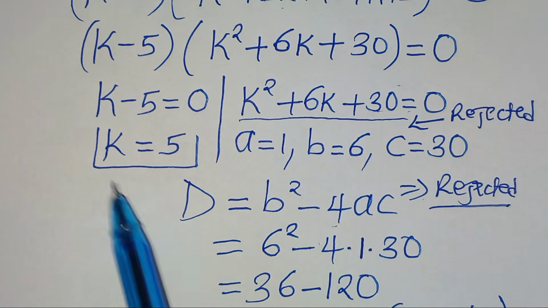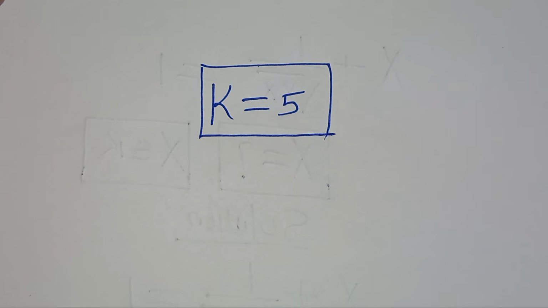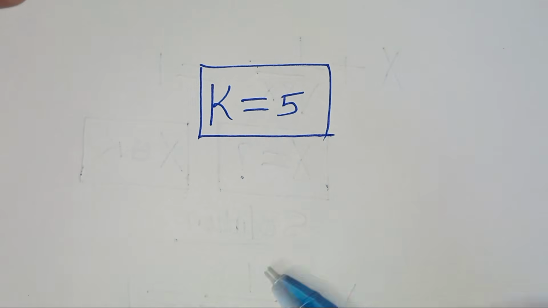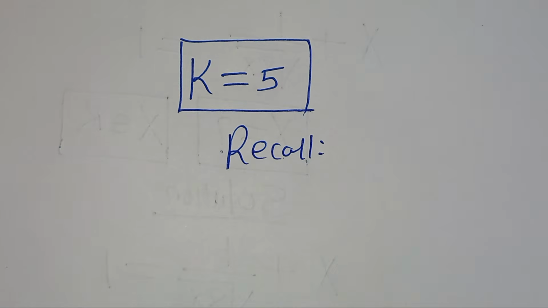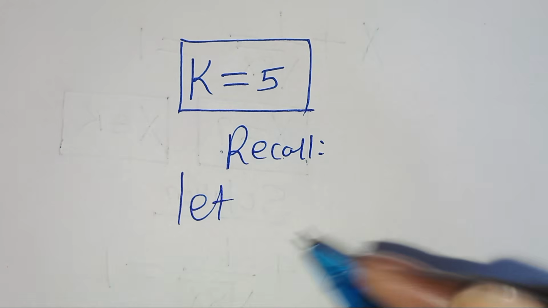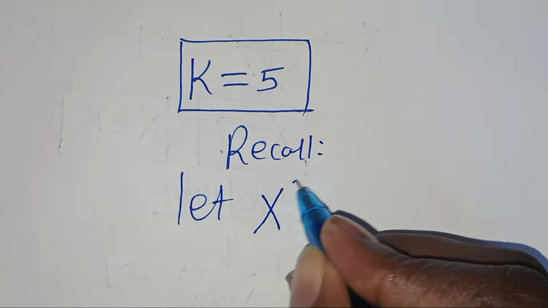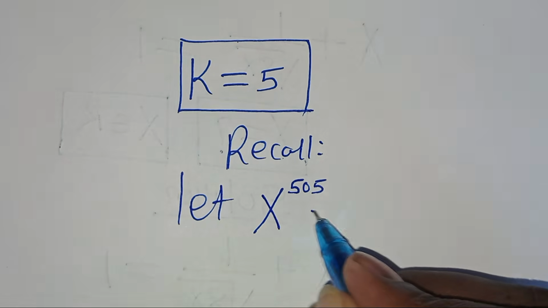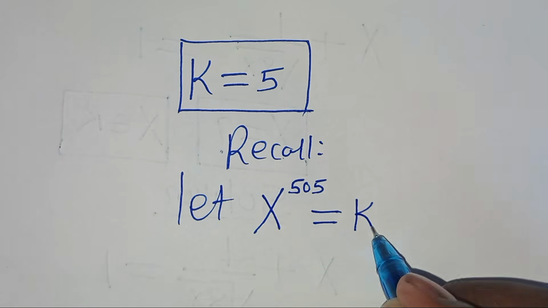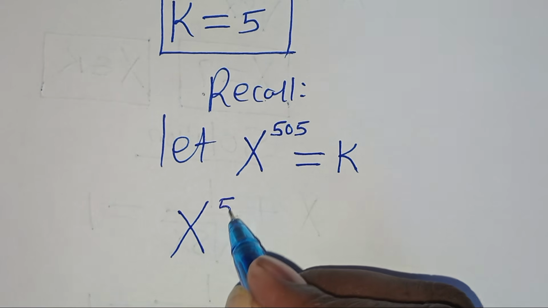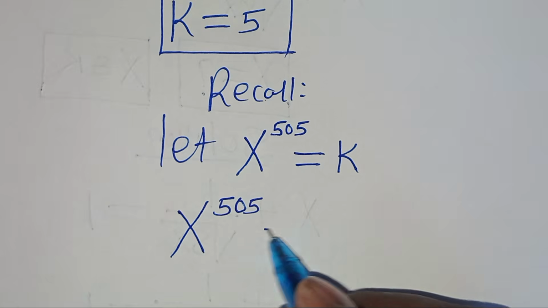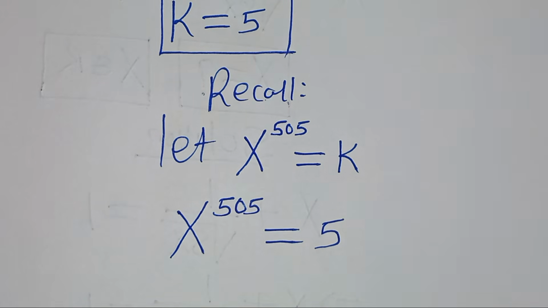So let's focus on k, which is equal to 5. Now, since k is equal to 5, and if you recall, we said that we let x to the power of 5 or 5 be equal to k. So this means x raised to the power of 505 is equal to 5.